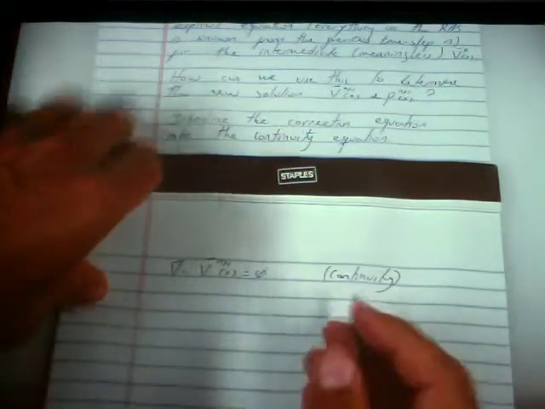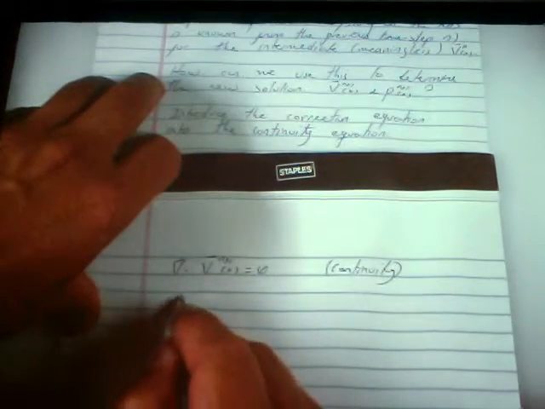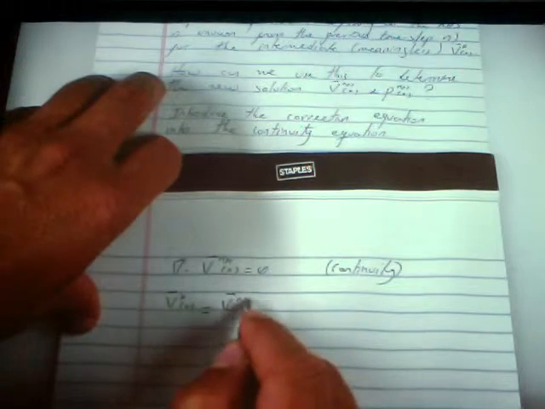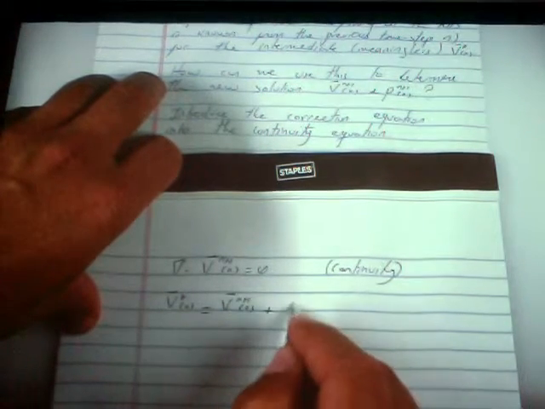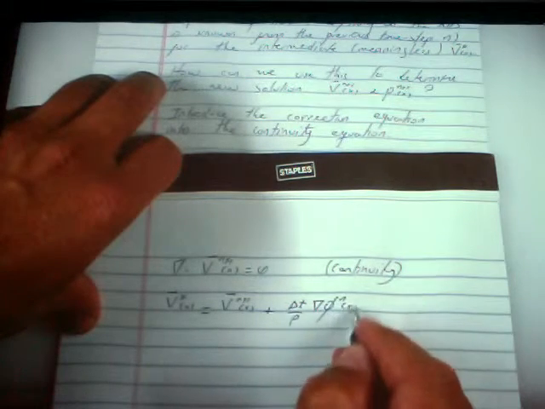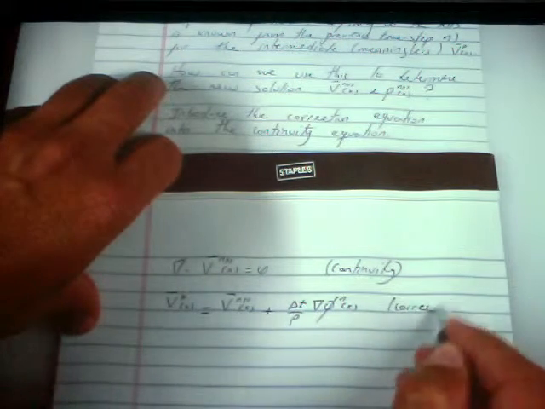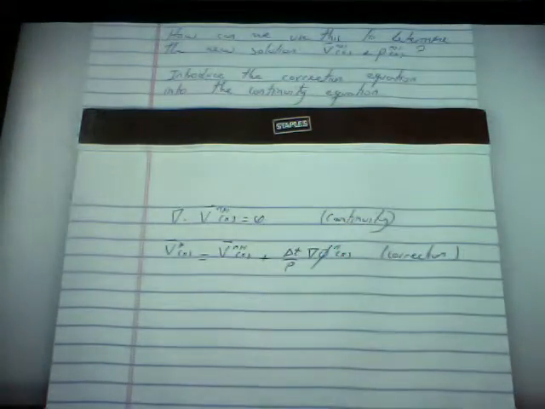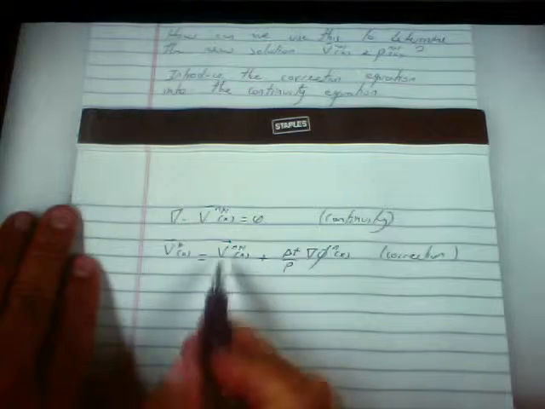And the correction equation is correction. All right, so we solve for V at n+1 from here.